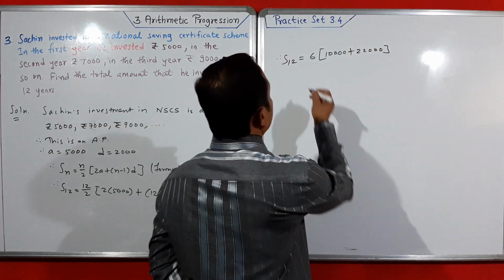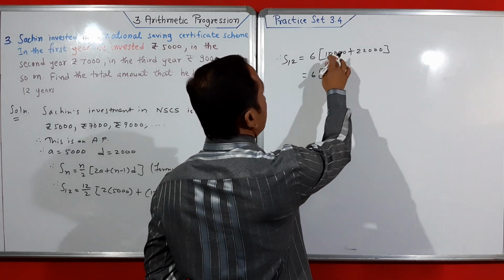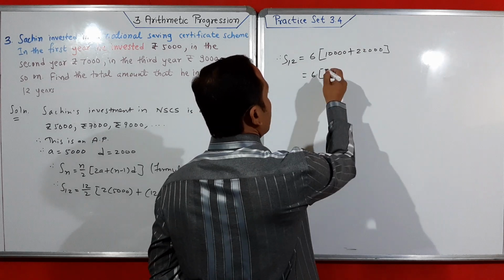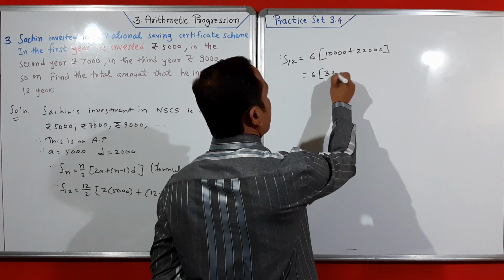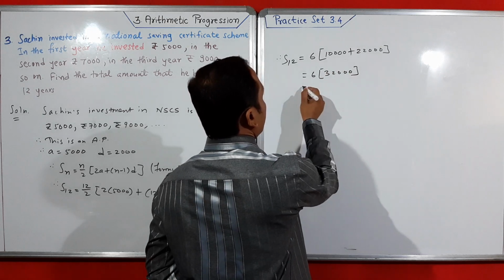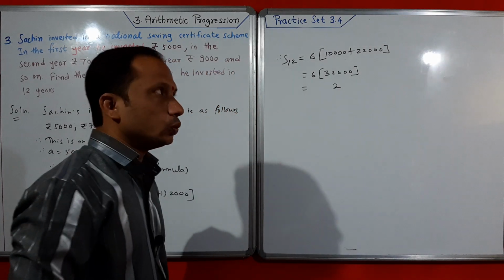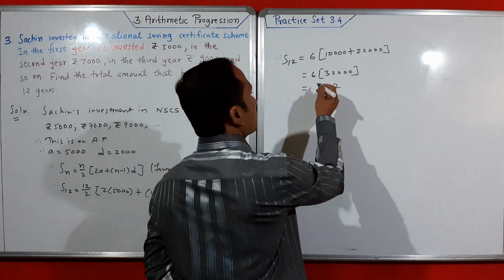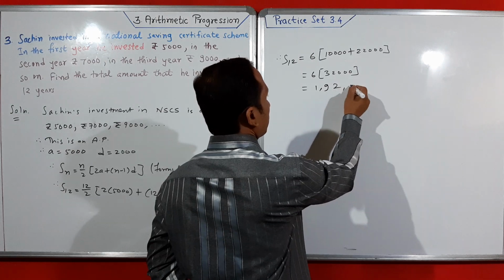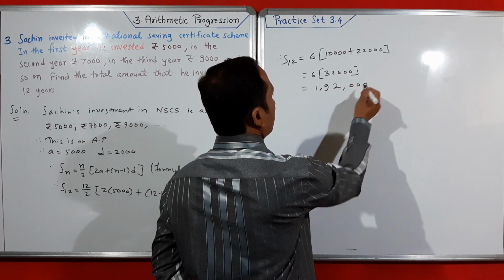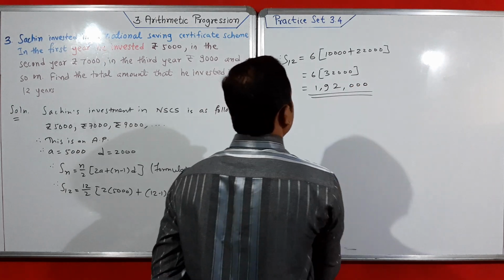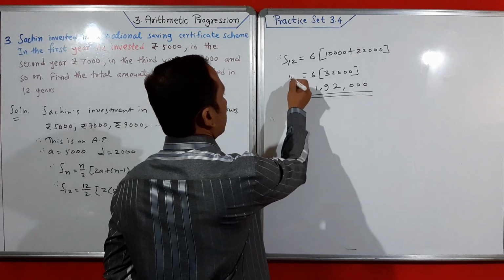Now we just add: this 10 plus 22, so it will be 32,000. Now 6 2s are 12, 6 3s are 18, and so on. So this is his total 12 years savings, therefore this is S12.